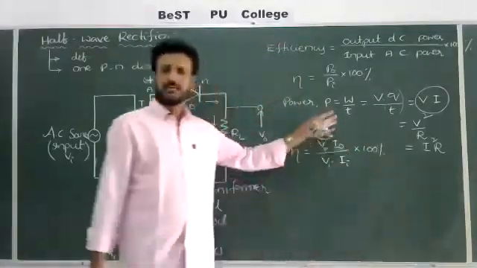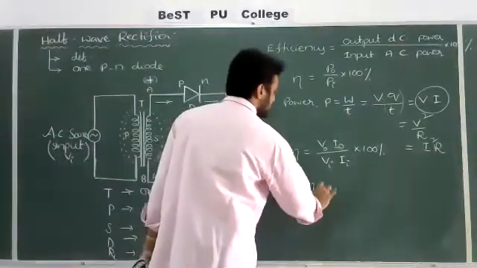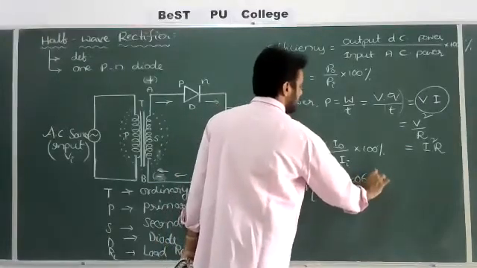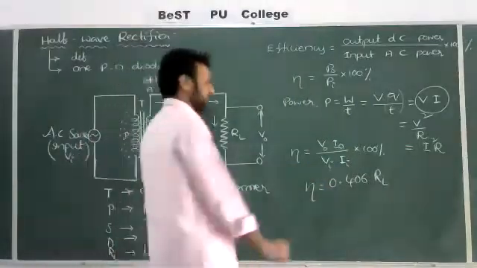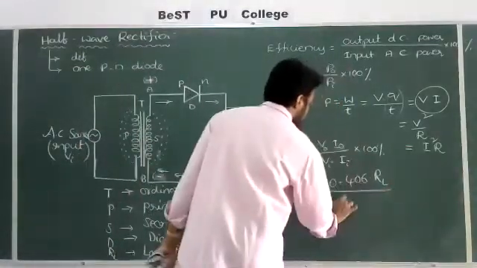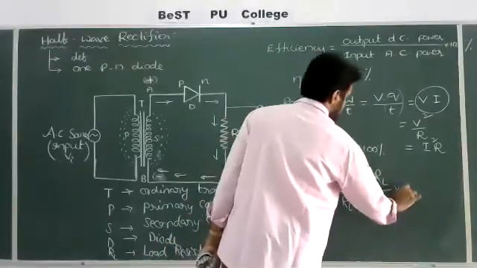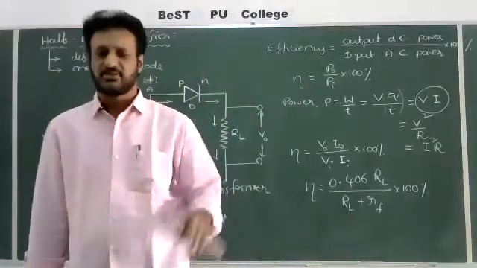By simplification, by writing the values, if you simplify, we'll get the formula eta is equal to 0.406 into load resistance RL divided by RL plus RF into 100%. But all these concepts are not in the textbook or in the syllabus.